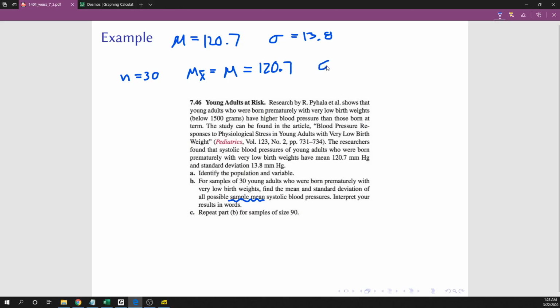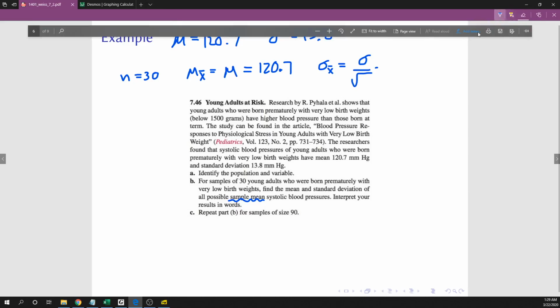So that is sigma of x bar, which we know is equal to the population standard deviation divided by the square root of the sample size, which is 30. Let me just write the formula here, it's better to do it that way.